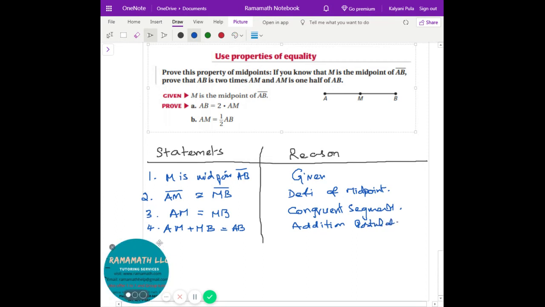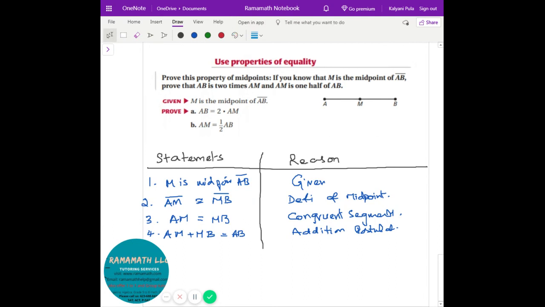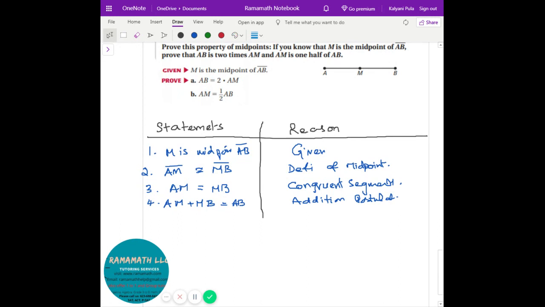Next, let's look at the fifth one. If AM plus MB is AB, I'm going to write AM plus, instead of MB, I can write AM.